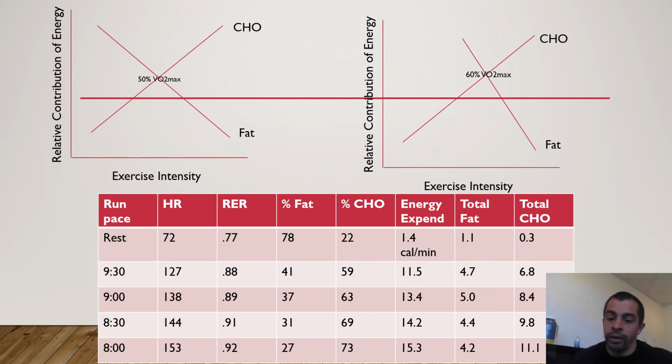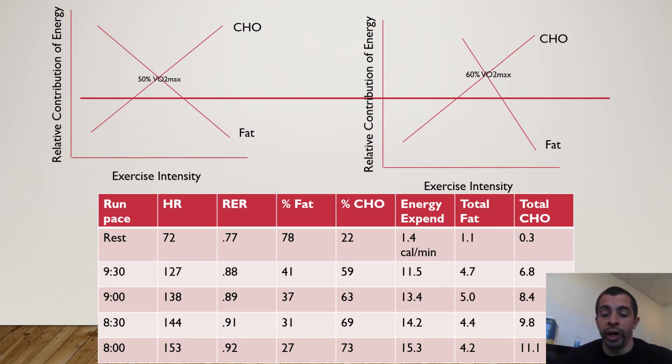Because of that, the absolute value of his fat burning and his carbohydrate burning is way higher. So now we're taking 41% of this 11.5 number that comes from fat. And all of a sudden, this person is now burning 4.7 grams per minute of fat, that's like a fourfold increase over our resting conditions.